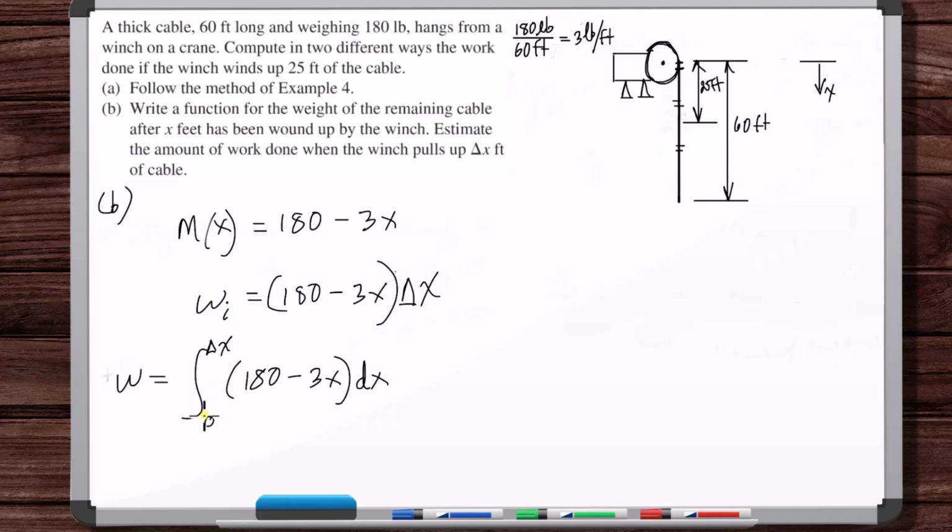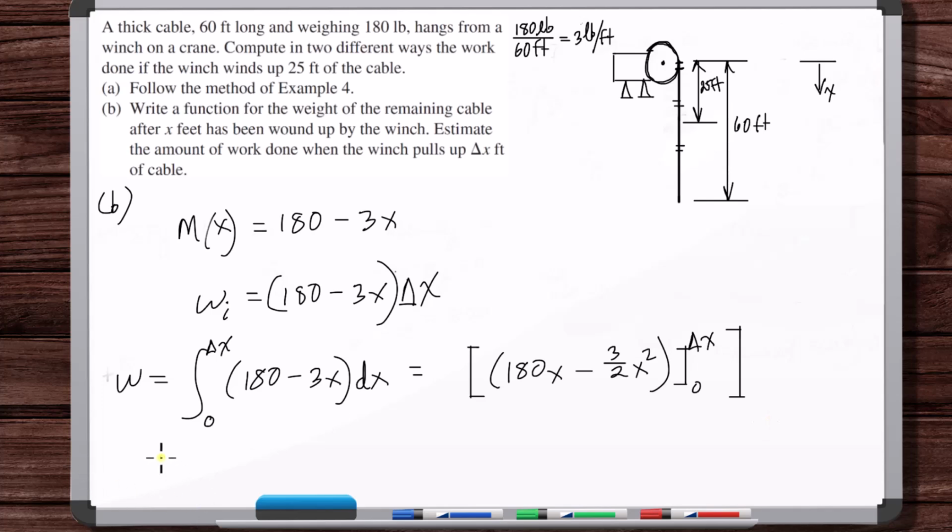And what does this mean? Because what is delta x? If we did 0 to 25, we'd just be integrating the work done to pull in the first 25 feet. And so we'll just have it as a function of delta x. So, okay, it's 180x minus 3/2 x squared, from 0 to delta x.